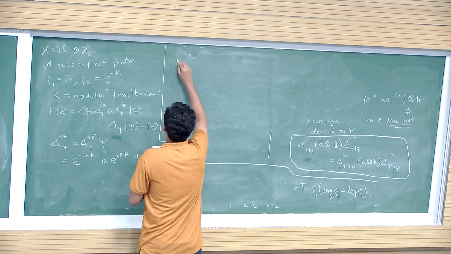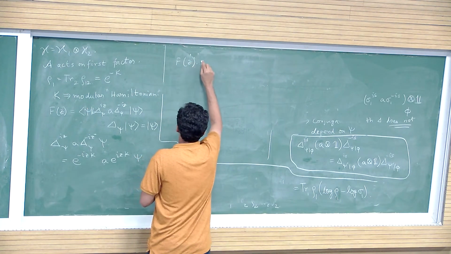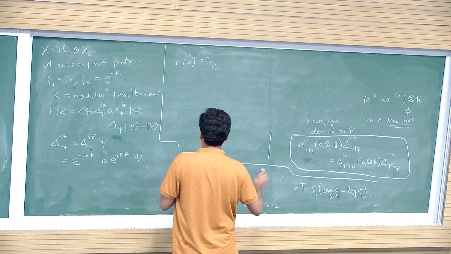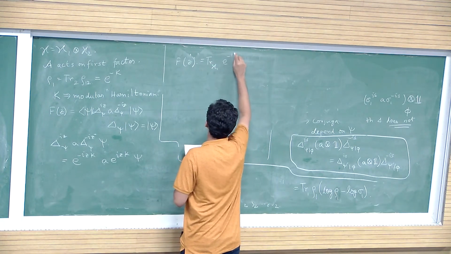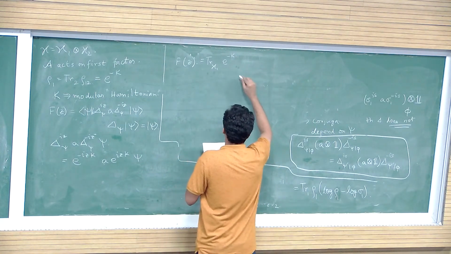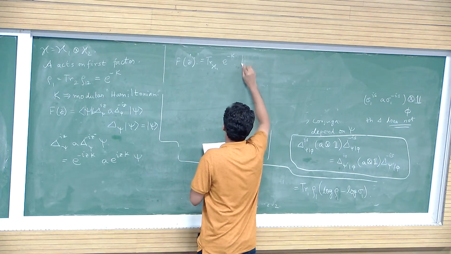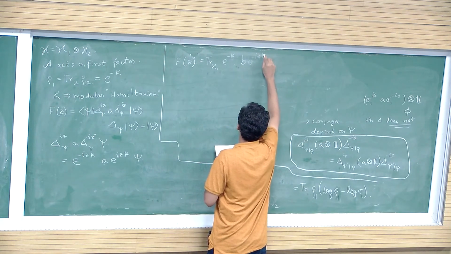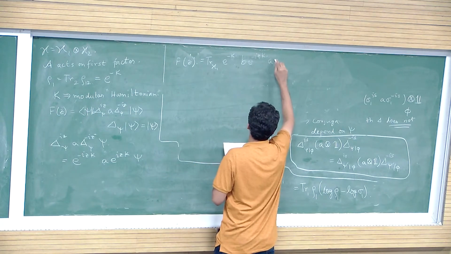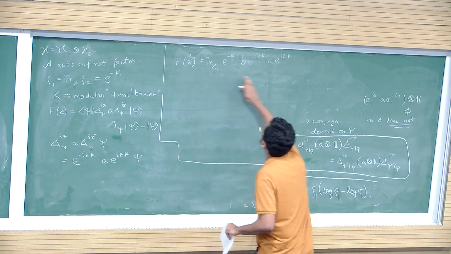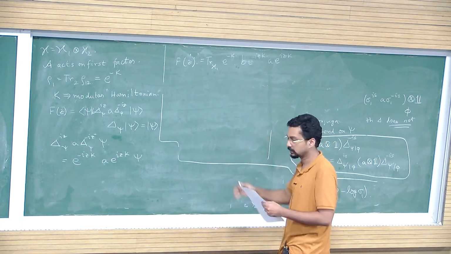So f of z essentially becomes the trace over states of H1 of e to the power minus K, which is precisely rho, times B e to the power minus i z K A e to the power i z K. So this is the generic definition of f of z.